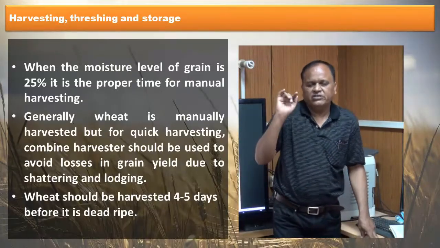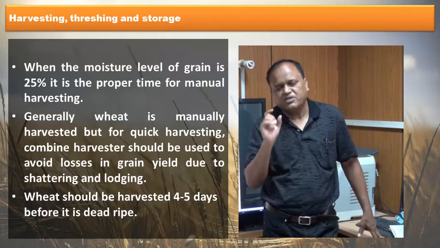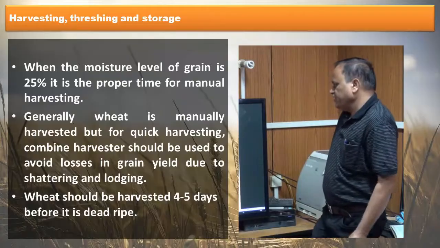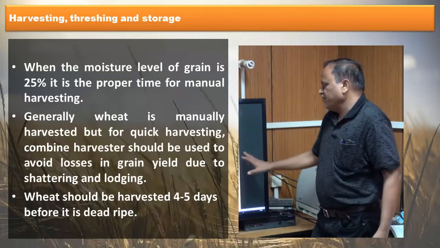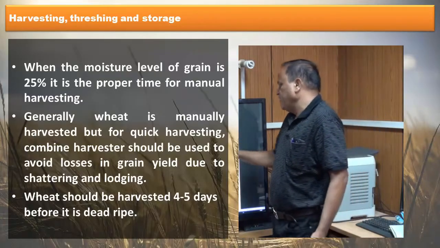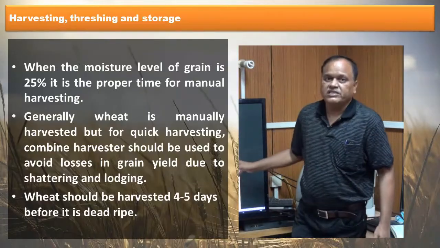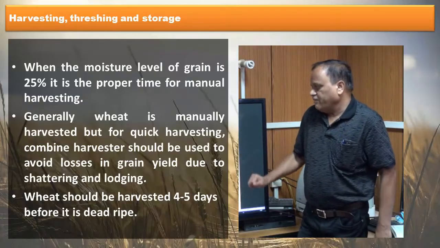So what should be the moisture percentage in wheat during harvesting? 25%. Generally wheat is manually harvested, but for field harvesting, a combine harvester should be used to avoid losses in grain yield due to shattering and lodging.